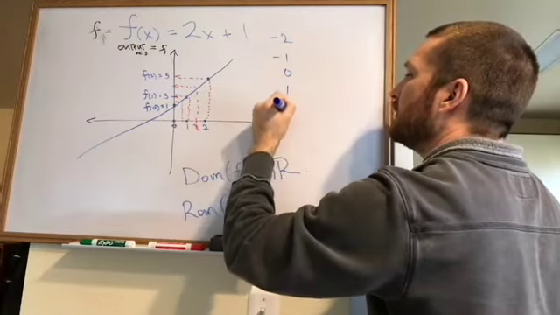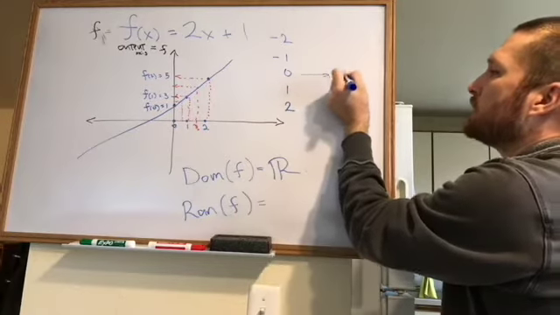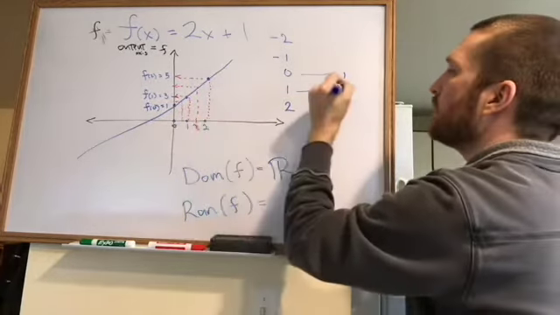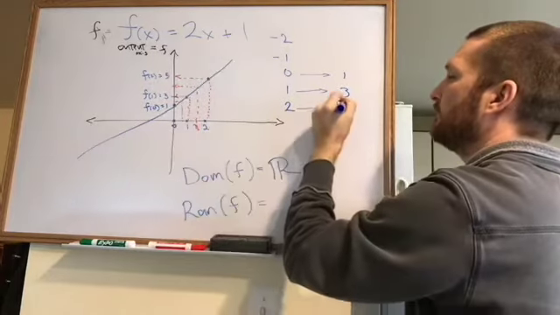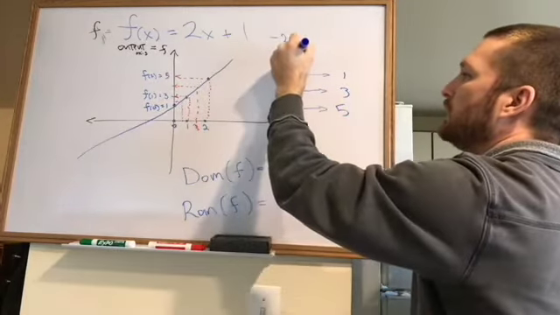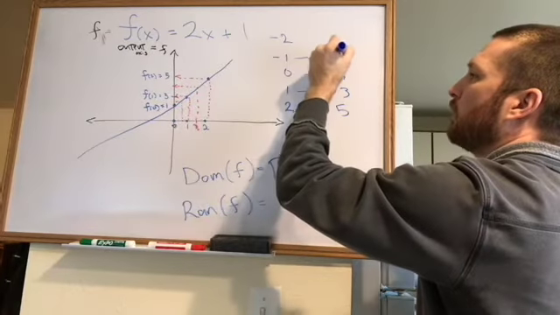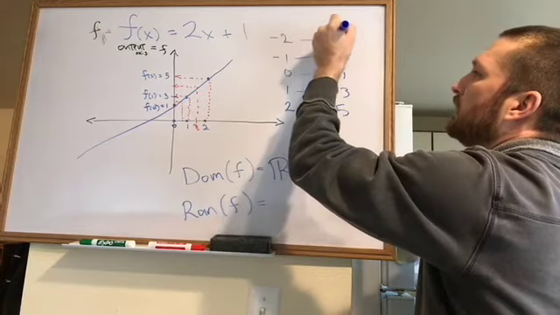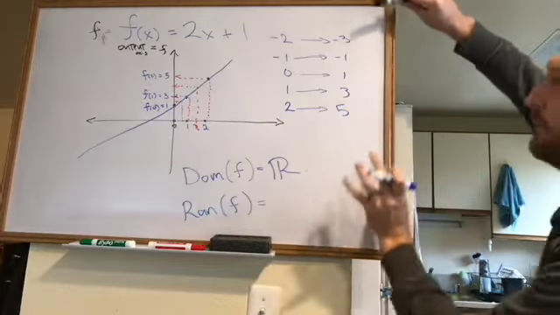1, 2. We know that 0 gets mapped to 1. We know that 1 gets mapped to 3. We know that 2 gets mapped to 5. -1 I guess gets mapped to -1. -2 would be -3. And so now you could see what's happening here, right?